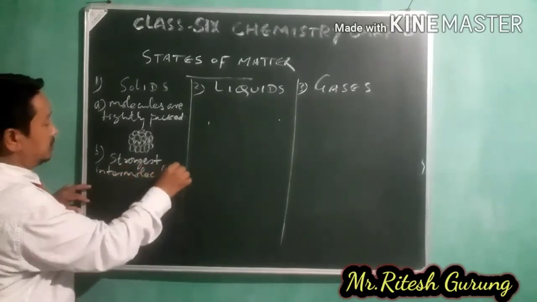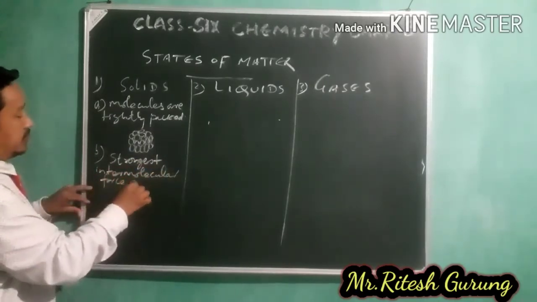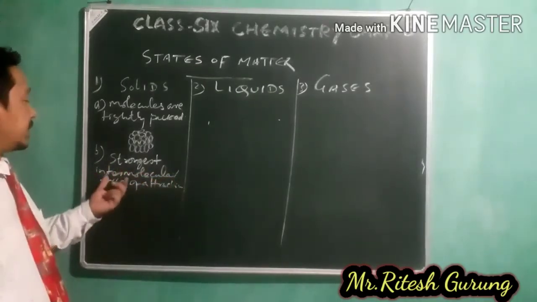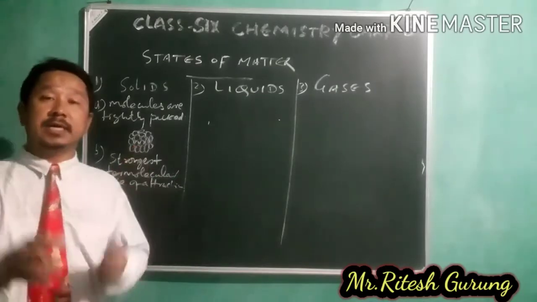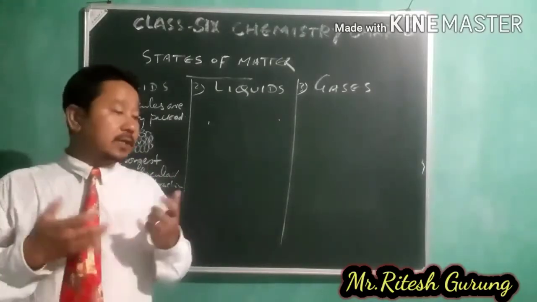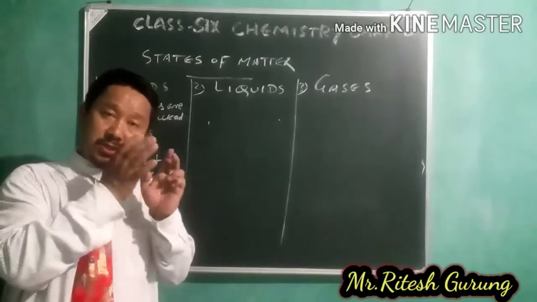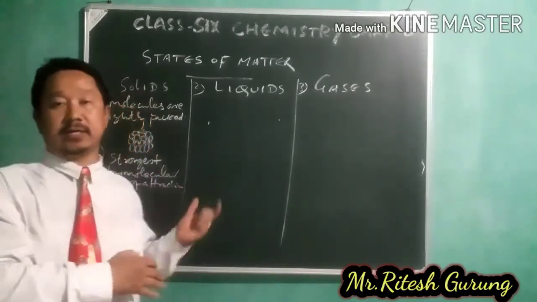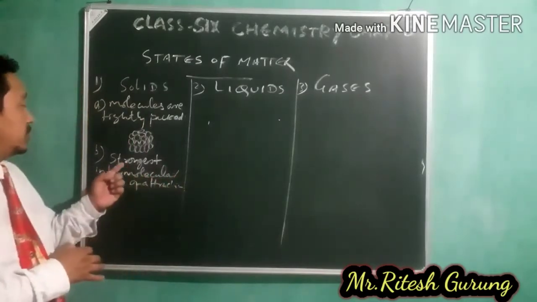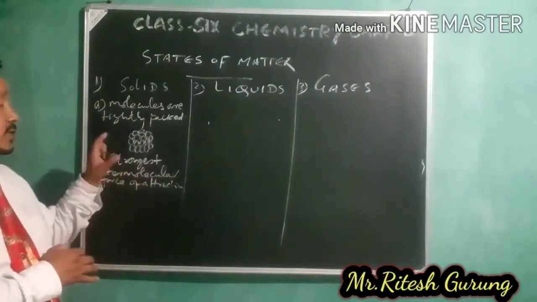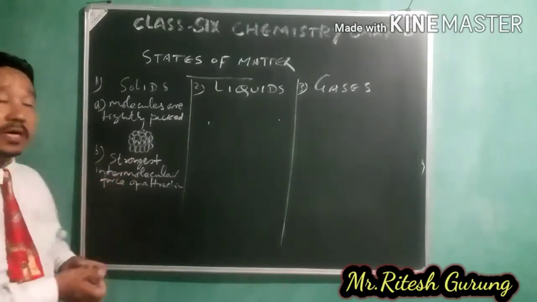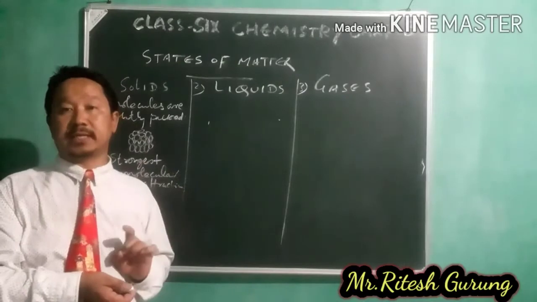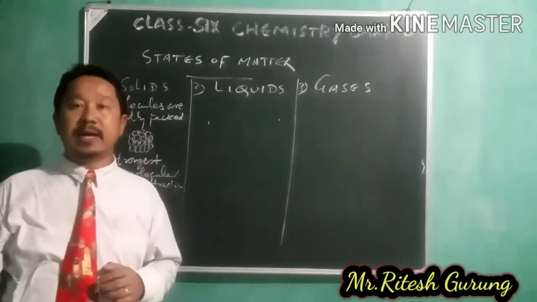Since the particles are tightly packed, the force with which they are held is the strongest. That means the strongest intermolecular force of attraction is there between the molecules, between the particles.